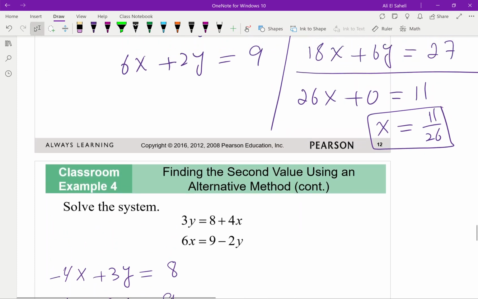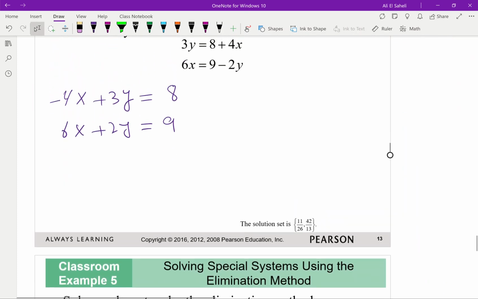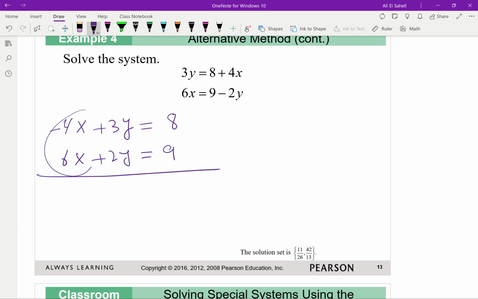Okay, we got x here by eliminating y. We will get y by eliminating x. Eliminating x means these must have opposite coefficients. Okay, so you have minus 4 and 6. We don't need to multiply by minus. We just need to make the coefficients have the same magnitude.